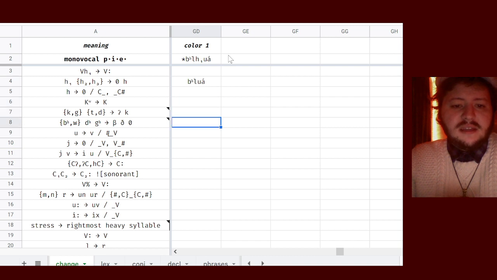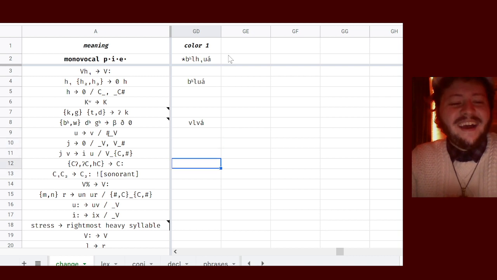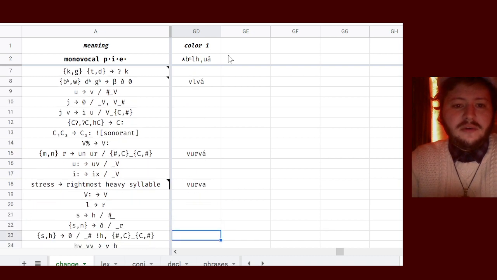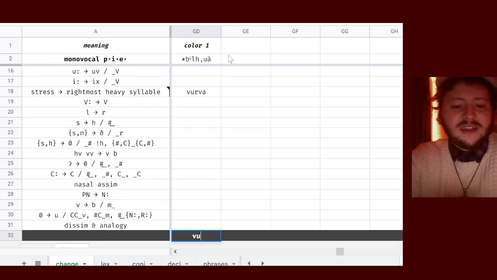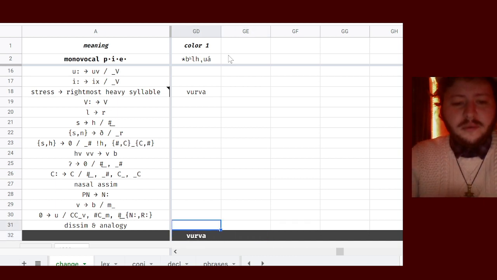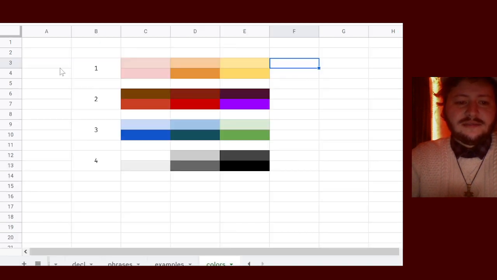The next thing that happens is that both BH and W are going to become a V. So this is an interesting word. And then it's a sonorant, so there's not going to be gemination, but we are going to turn that L into a U, and then we're going to have a stress shift. And then nothing else is going to happen to this, so it's going to be vurba. Vurba for this color. How do we like vurba for these colors?